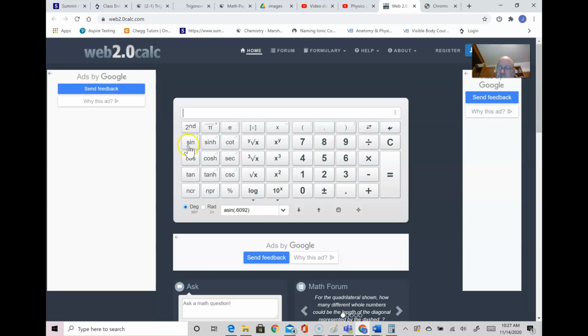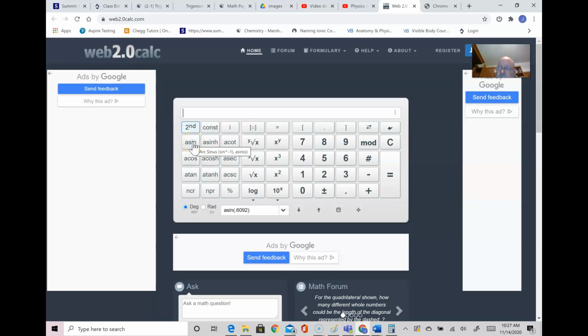Okay, to get to the inverse sine on your calculator, you're going to hit the second button, and then hit the sine button. It may say a sine, which means arc sine. It may say a cosine or arc cosine, whatever it is.